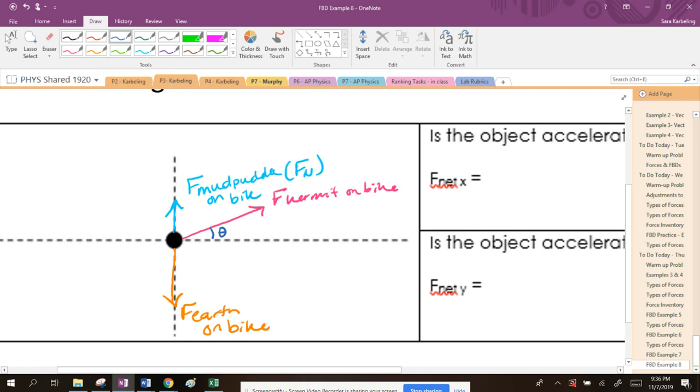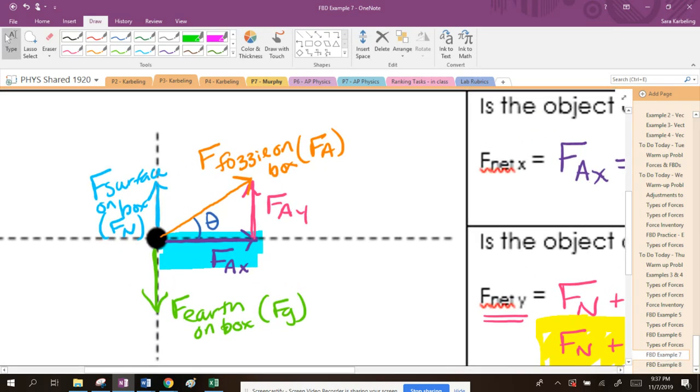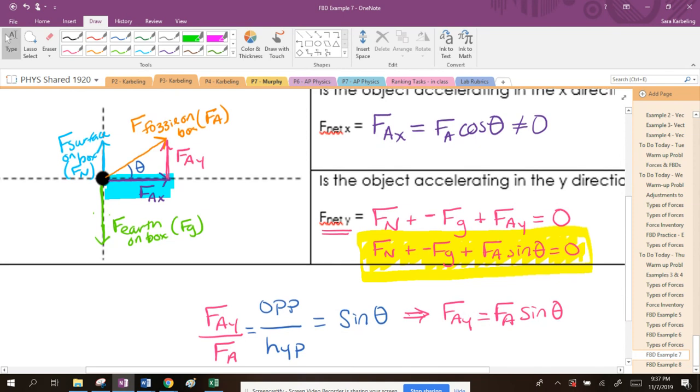In the last example, I forgot to mention, I'm actually going to go back so you can take a peek at it here, that I intentionally didn't mark the force of the earth and the force normal as being equal. In fact, I probably should have drawn the earth force as a little bit bigger here because, as we talked about, the forces have to add up to zero, and it's not just the normal force and the gravitational force like it has been in pretty much every other problem.